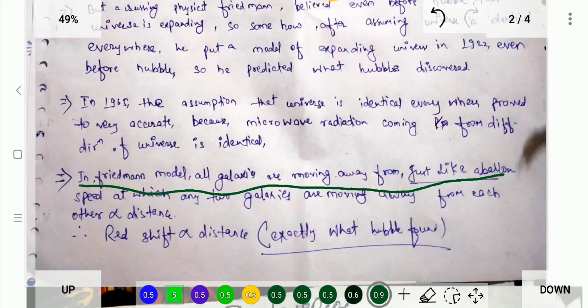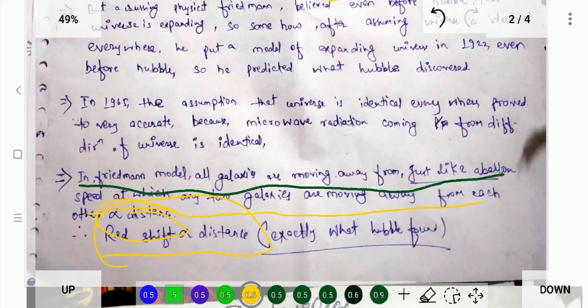Just like that, Friedman solved the Einstein equation and predicted that all the galaxies are moving away from each other, and the speed at which two galaxies are moving away from each other is directly proportional to distance. It also means that redshift is directly proportional to distance, exactly what Hubble found.